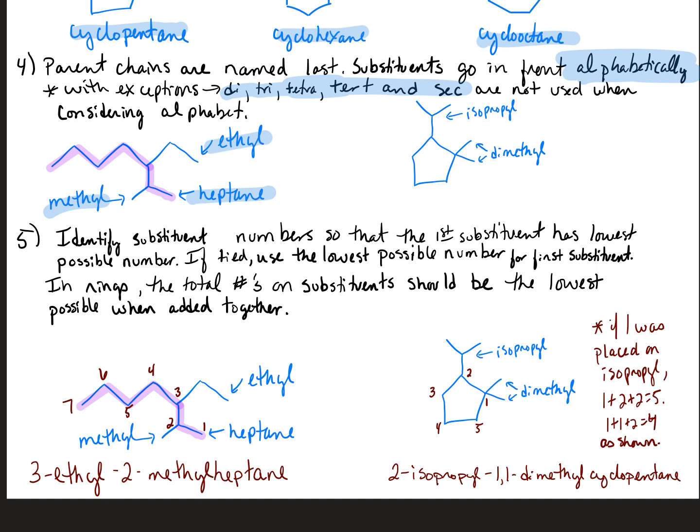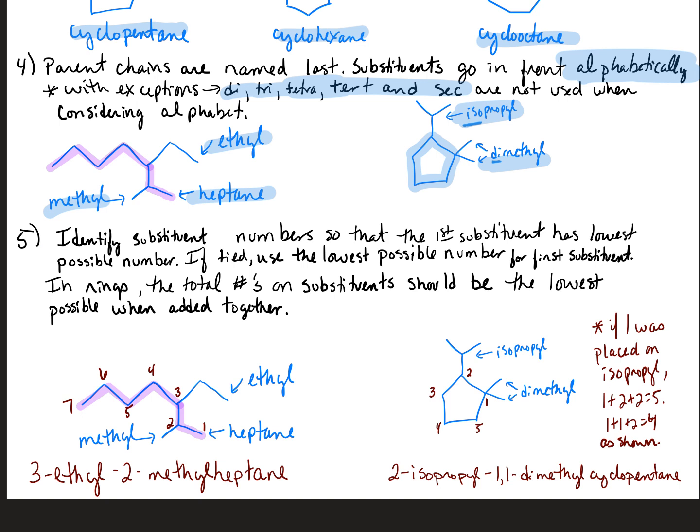Ethyl is going to go first, and methyl will be in the middle. Okay. So you'll get better at identifying what is the parent chain. So like here, the parent chain is going to be cyclopentane. And we have 2 methyl groups, and we have an isopropyl group here. Okay. So the iso is actually considered when we're trying to name that in alphabetical order, but the di is not. So that's something to consider.